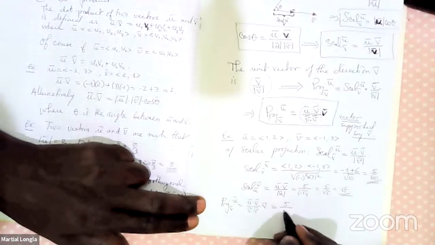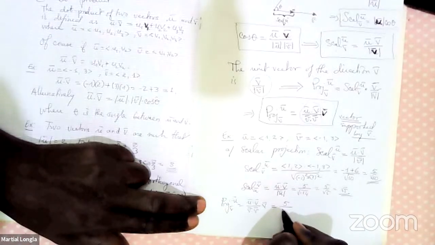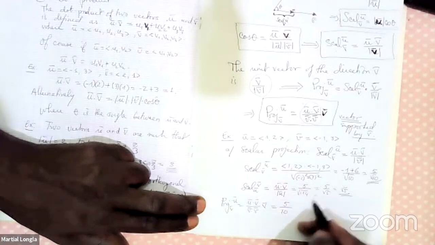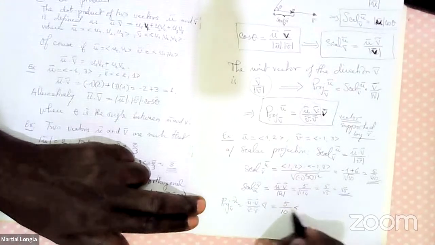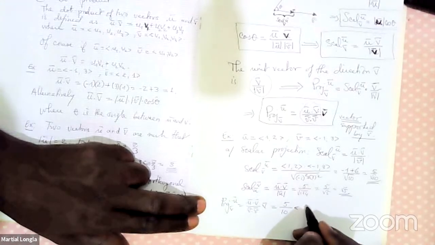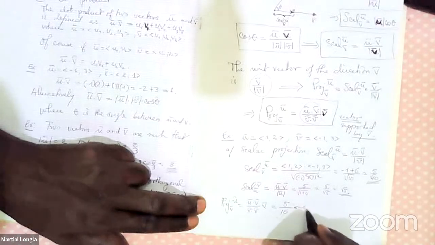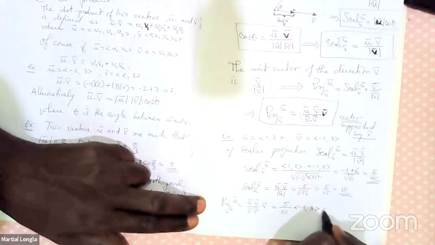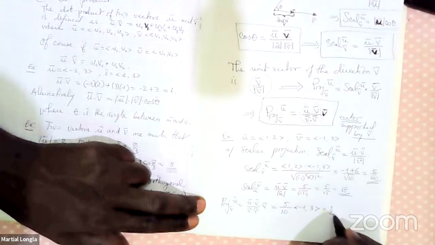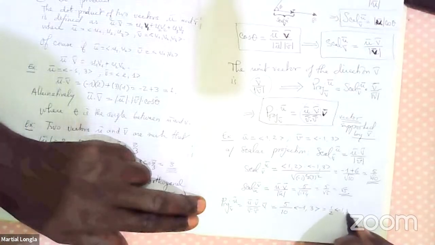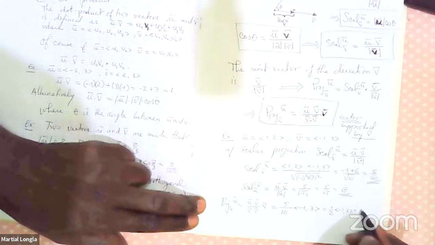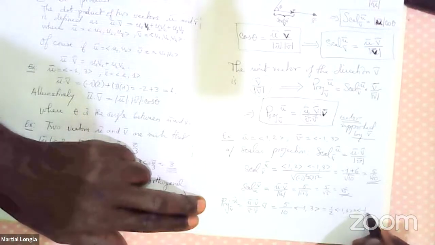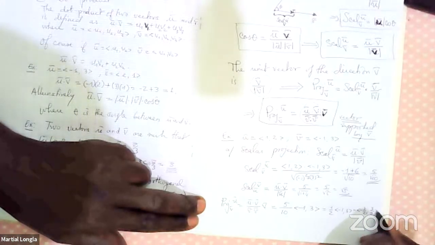V dot v is 10, times v, and v is (-1, 3). That's it. And so this is 1/2 times (-1, 3), which is nothing but (-1/2, 3/2). So this is the vector projection of u onto v.